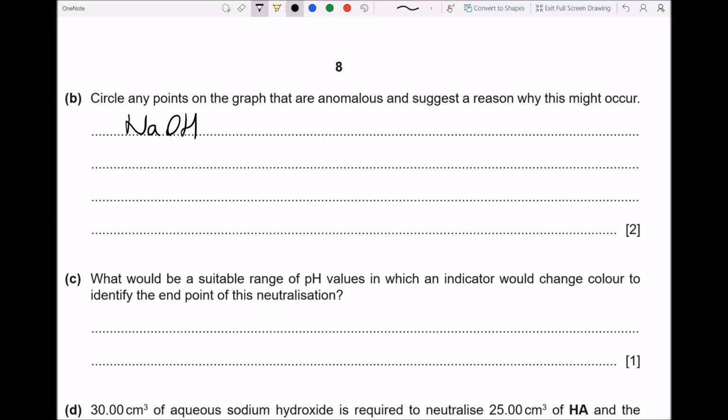So put the sodium hydroxide, if I can write properly, it had not been mixed properly with the acid.